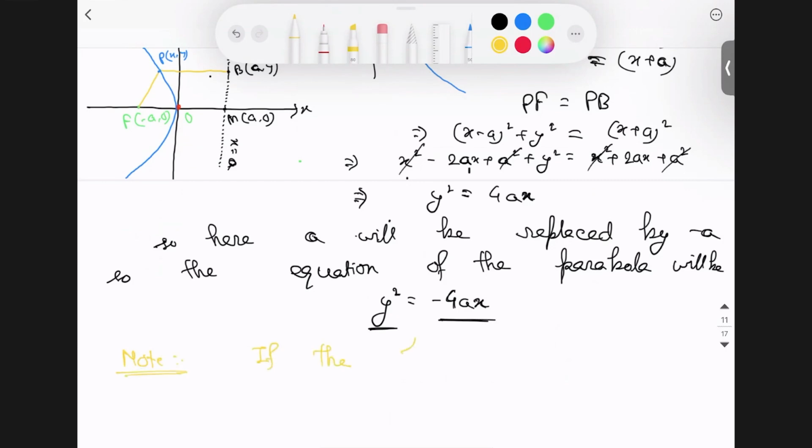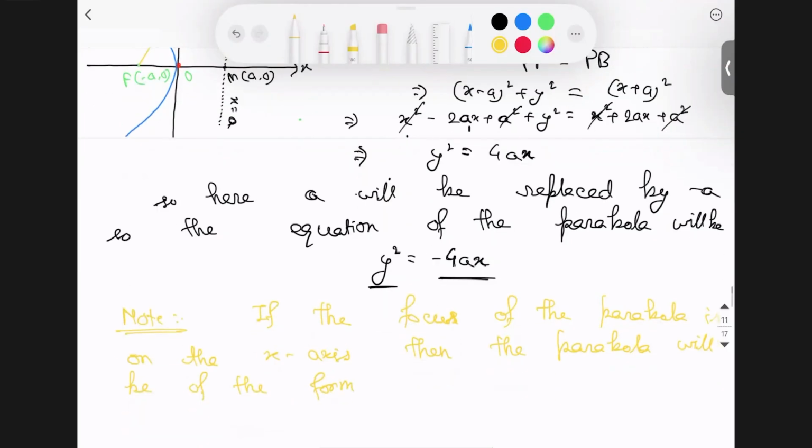If the focus of the parabola is on the x-axis, then the equation of the parabola will be of the form y square equals plus or minus 4ax.